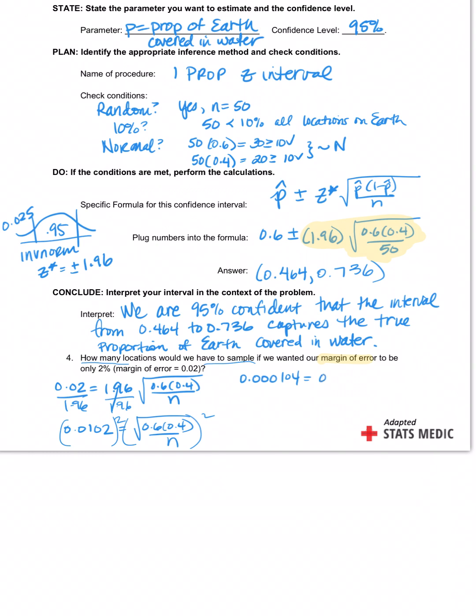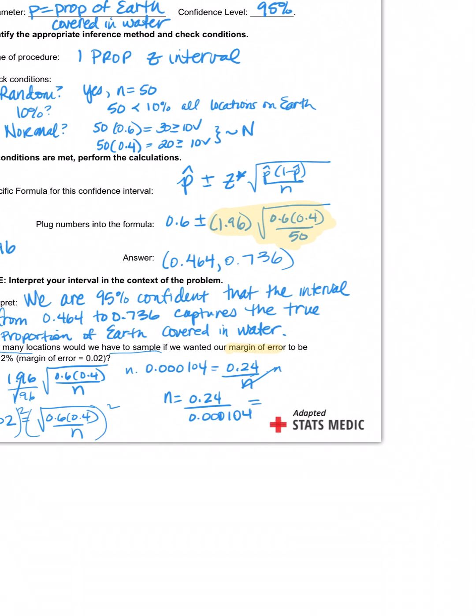So 0.6 times 0.4 is 0.24 over n. So if I solve that for n, it's going to be 0.24 divided by this really very small number. So that gives me 2304.96.